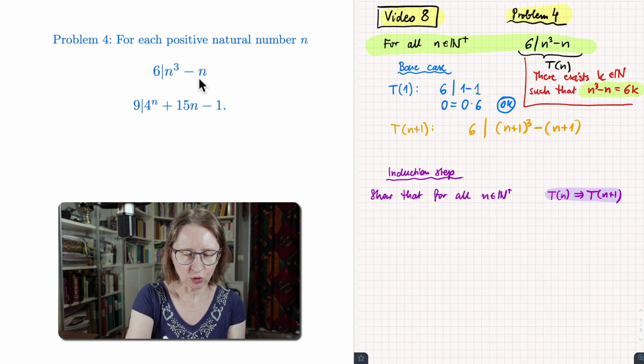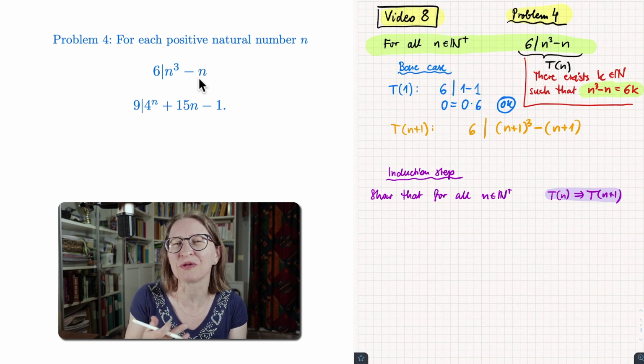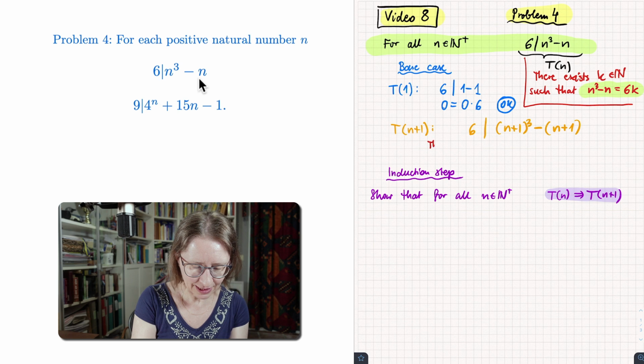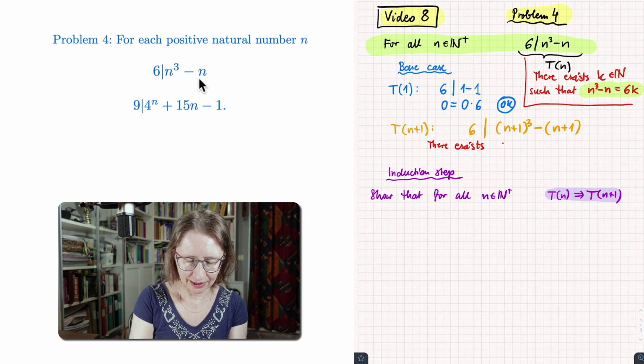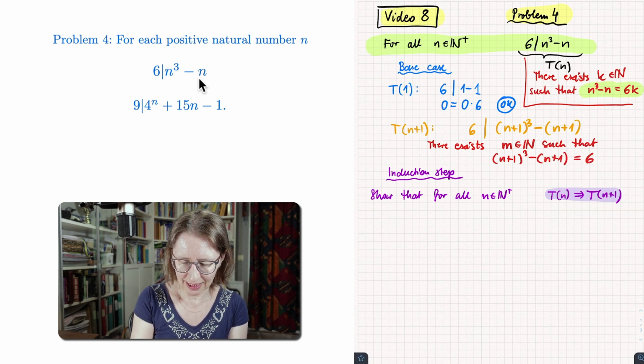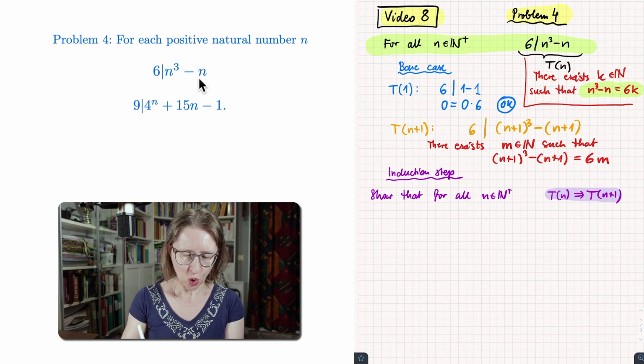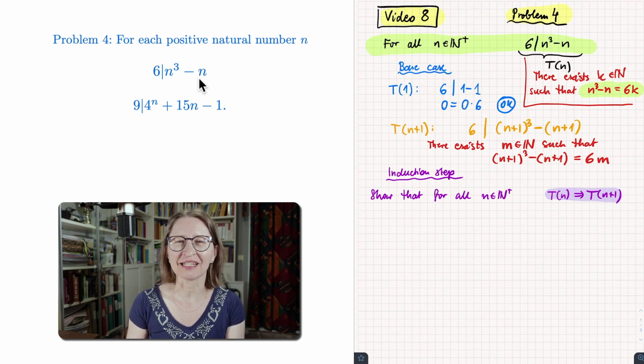And another way, the way in which we will work, there exists a number m, which is a natural number, such that n plus 1 to the third minus n plus 1 is equal to 6 times m.